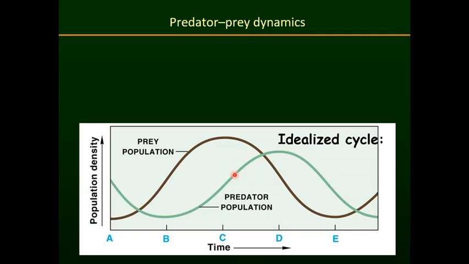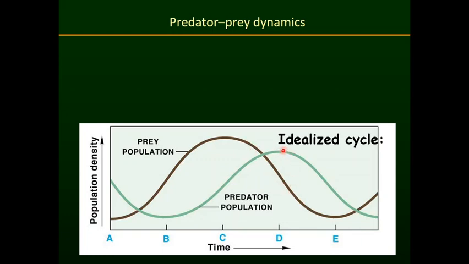And now there's even more predators, and to the point that prey population growth is negative, in negative territory. And prey populations continue to slide down as predator populations rise and then peak. So here we are now at time D. The predator populations are peaking, but the prey populations are going down.